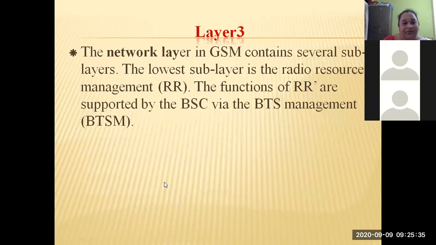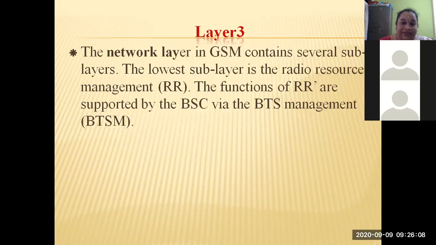Coming to layer 3, this layer is divided into several sublayers. Layer 3 is our network layer. We discussed the physical layer, which is concerned with radio connection activities, creating the burst, accommodating the burst into the TDMA frame, synchronizing with the BTS, and accommodating the TDMA frames onto the channels.